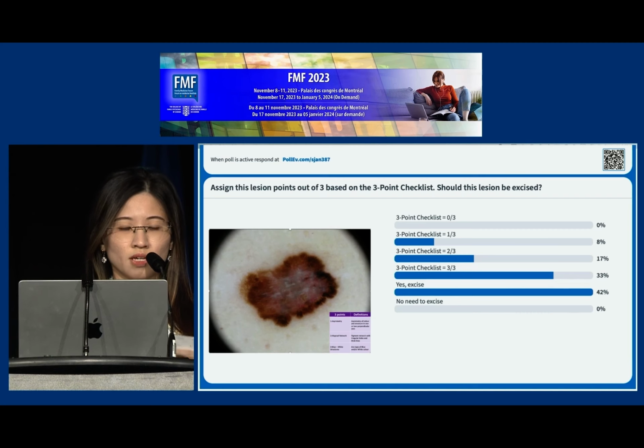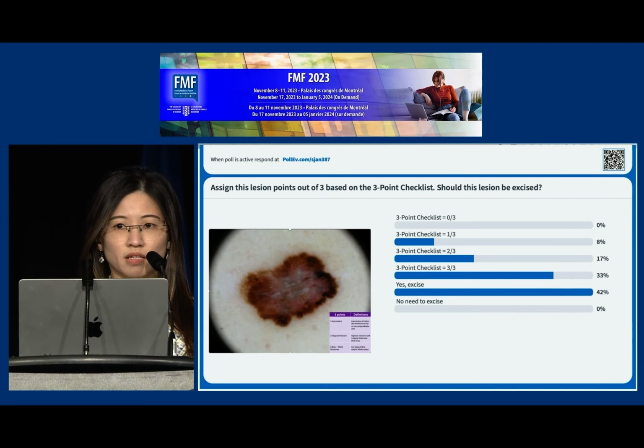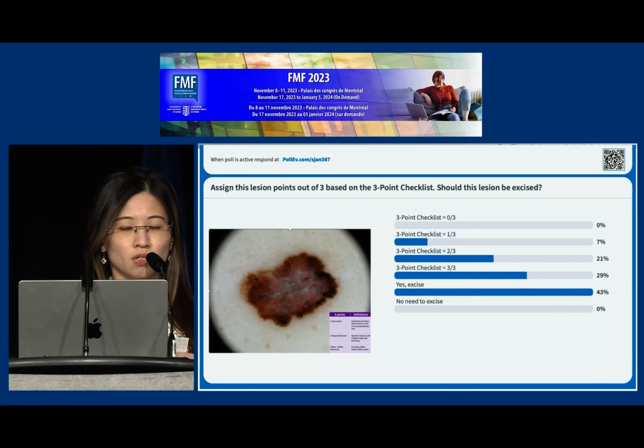The key take-home message that we want to drive into your brains today is that dermoscopy is used to let you decide if something can be left alone or monitored, or if it should be taken out for biopsy, which is really the diagnostic investigation that's going to tell you the pathology. In this way, the 3-point checklist will hopefully always capture all the lesions that might not be benign, and that's pretty much what we want to teach today.